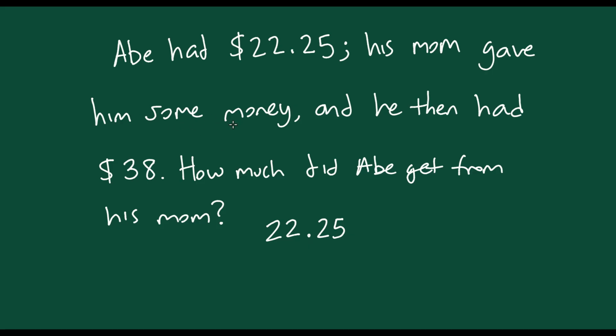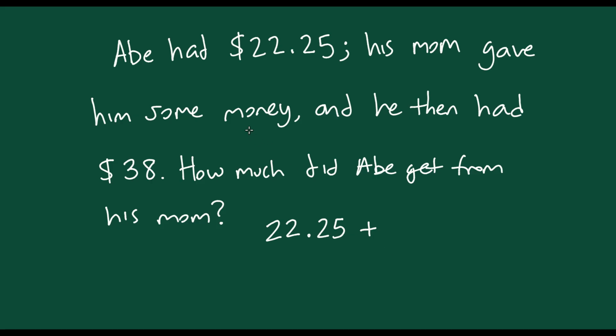So that's what we need to figure out. How much did Abe get from his mom? So this is our mystery number, some money. And anytime we have a mystery number, that's what we want to set our variable to. So we can say 22.25, that's what we started, plus, now you could say x, you could say n, that all works.